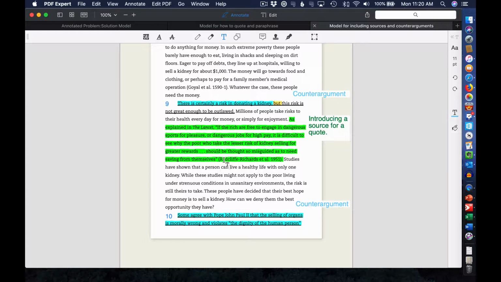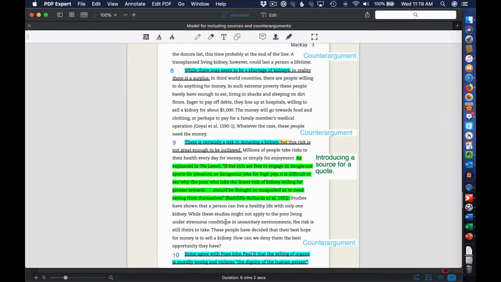And then she quotes and puts the author's name, and she put the year here, or I guess that might be the page number. If she's doing MLA, it's most likely the page number. Different citation methods require different things. But in this class, we will be using MLA.